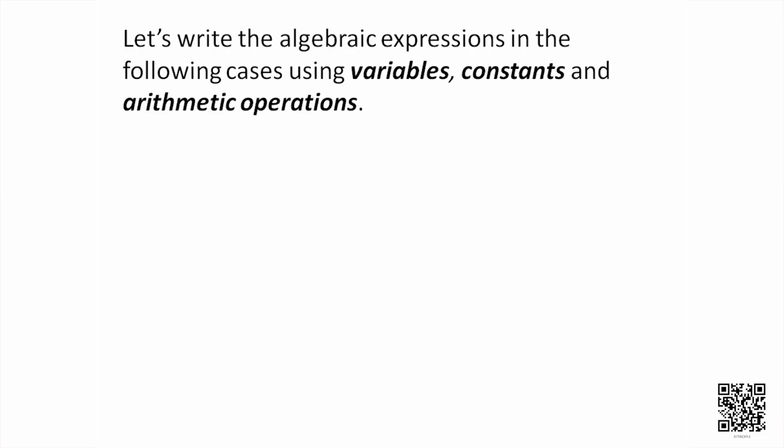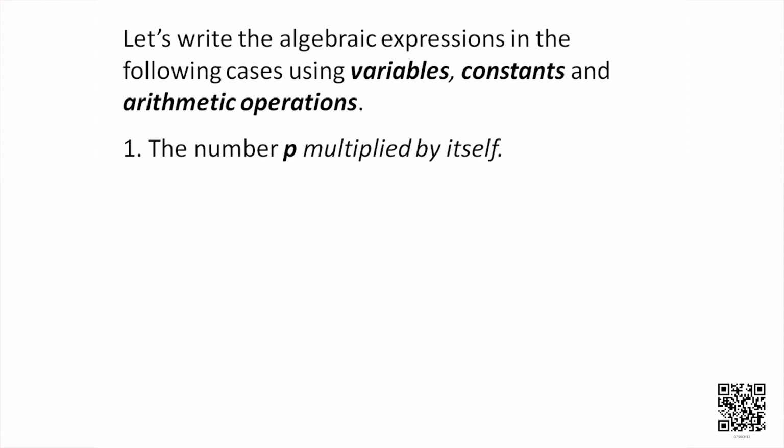Let's write the algebraic expressions in the following cases using variables, constants and arithmetic operations. So the number p multiplied by itself. Now see, p is a variable and we have given it the name number p because it's unknown.